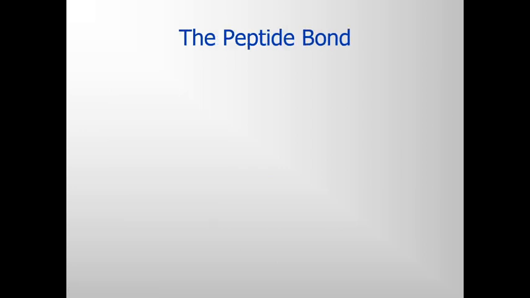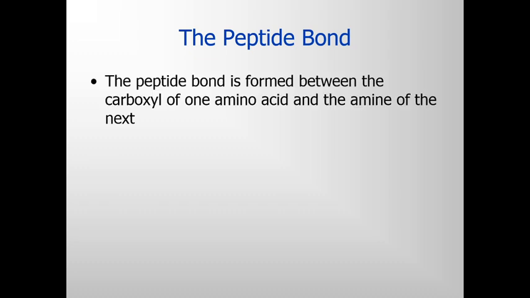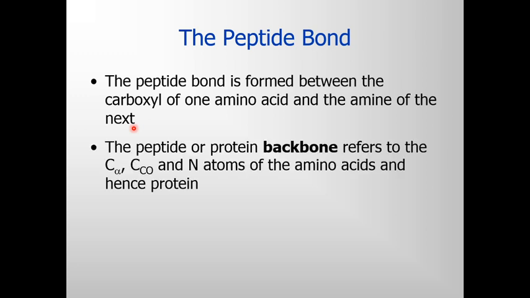The peptide bond. The peptide bond is a very interesting bond and one that you definitely need to understand. This bond is formed between the carboxyl group of one amino acid and the amine of the next. Essentially, it forms an amide. The peptide or protein backbone refers to the C alpha, C CO, and nitrogen atoms of the amino acids and hence protein.